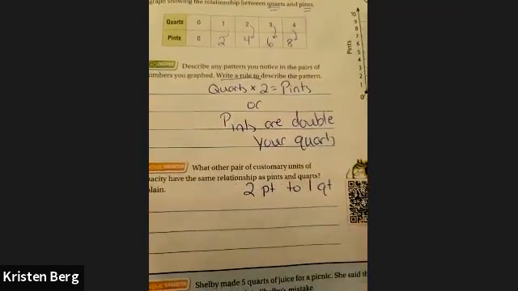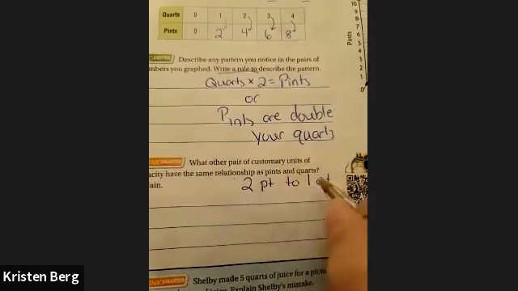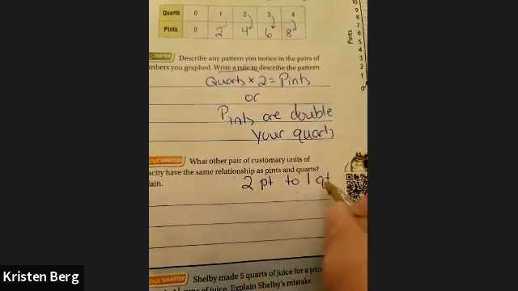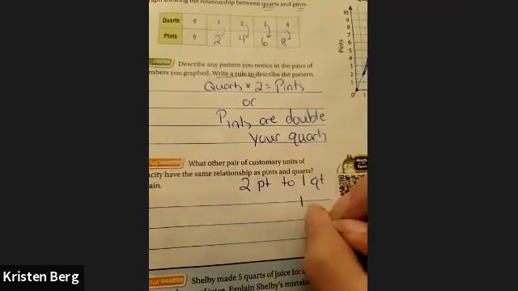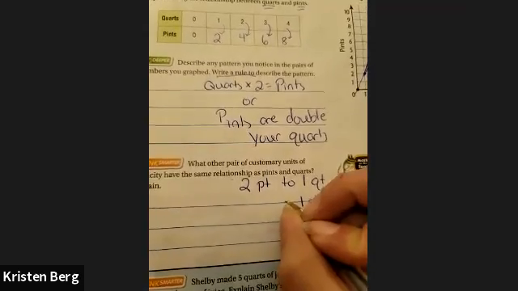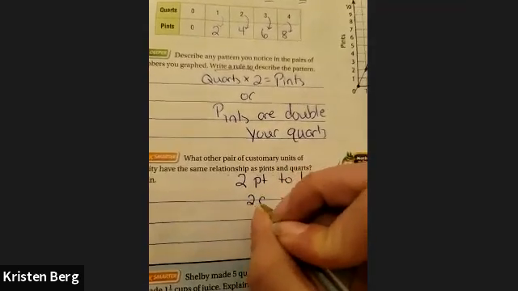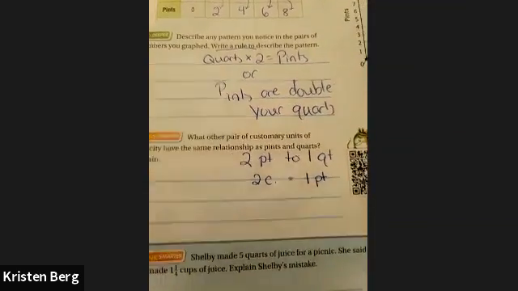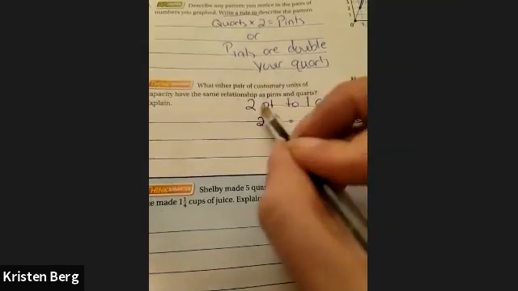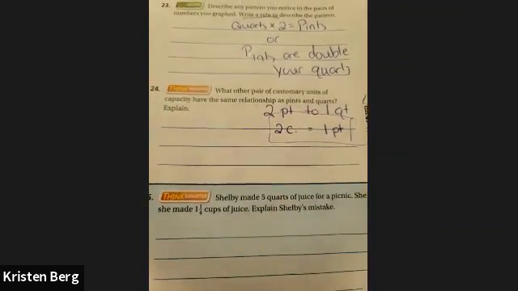So the other thing that they wanted you to see that has that same 1 to 2 relationship is 1 pint has 2 cups. So that is another 1 to 2 relationship here. All right. So this is the other relationship that had that same thing.